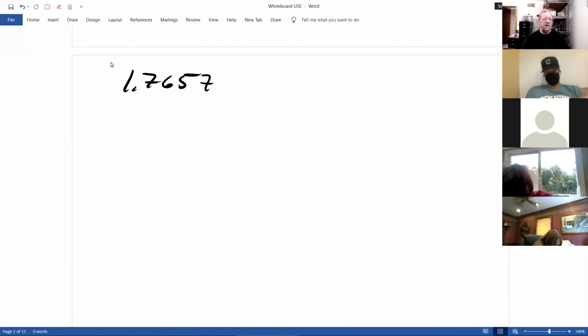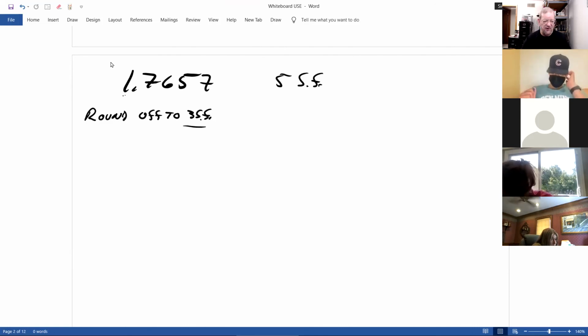Now, notice this number I just wrote has 5 significant figures. What if you had to round this off to 3 significant figures? How do you do that? Well, you start at the beginning, keep the first non-zero number, which is this 1, the next significant figure 2, and the next one, this is 3.